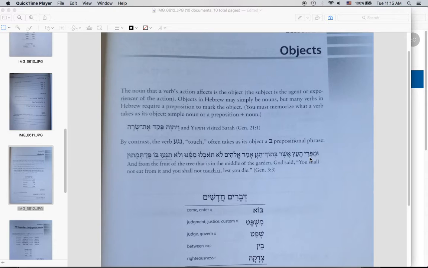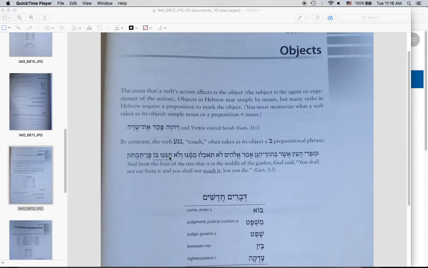And from the fruit of the tree which is in the midst of the garden, God said, do not eat from it, and do not touch on it, lest you die.